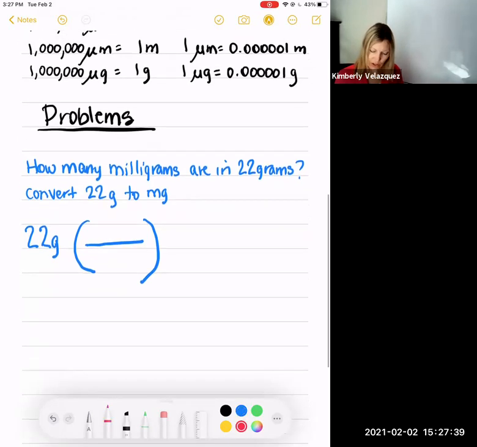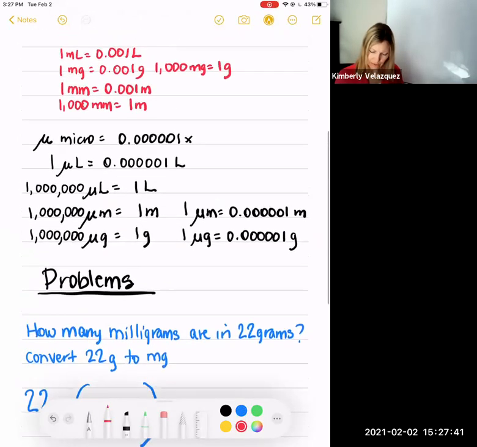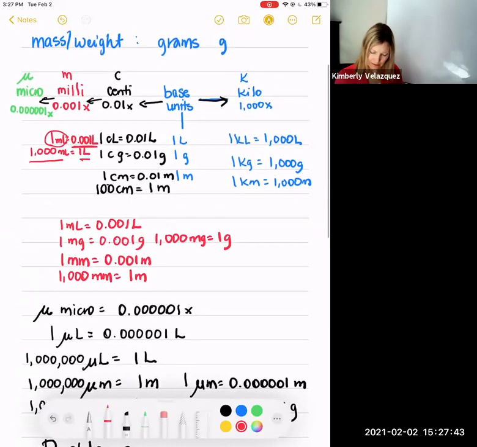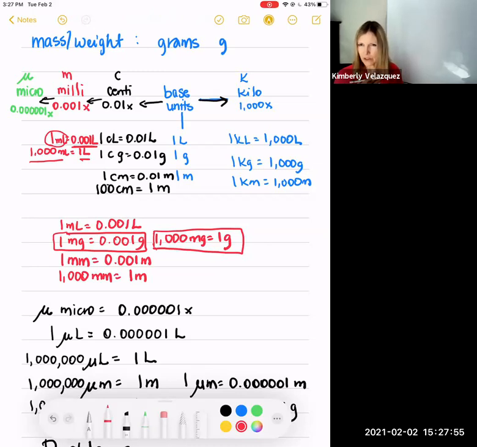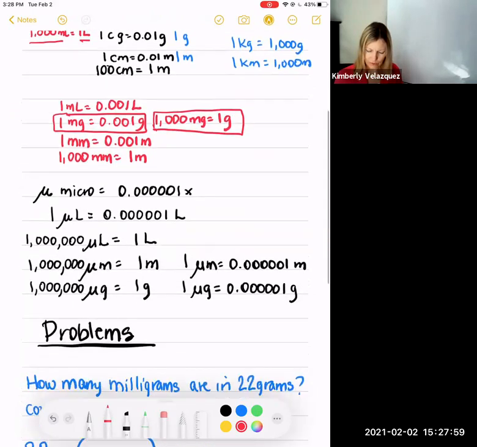Okay, so I know by looking at my milli, I can either use this one, or I can use this one. And I'm going to make that into a fraction. I personally like whole numbers, but I am going to work it both ways for you so you can see that you come up with the same solution.